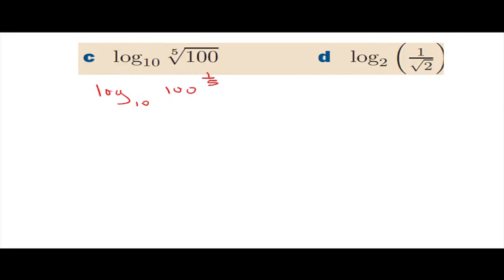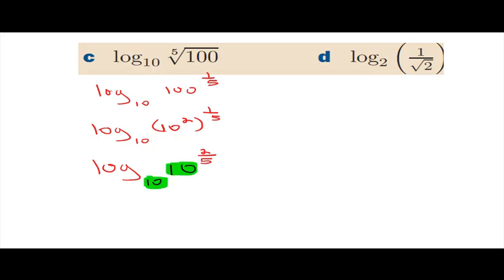Now we want these values to be the same, so I'm going to change that 100 into 10 squared, and then we have the 1/5 on the outside. Following exponent rules, we multiply the exponents. So we get log base 10 of 10 to the 2/5 power. Following the special case, if the base of the log and this value are the same, the answer will be the exponent. So the answer is going to be 2/5.